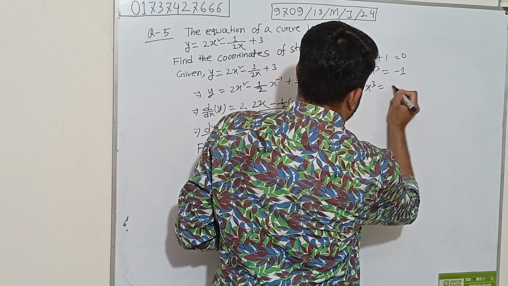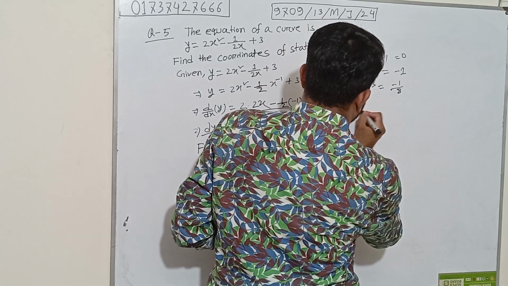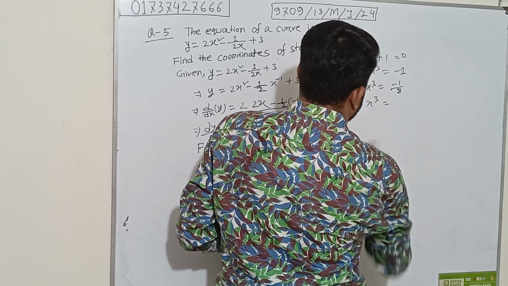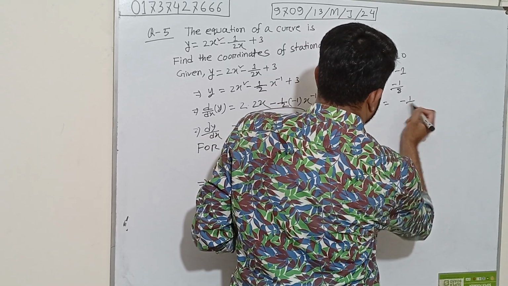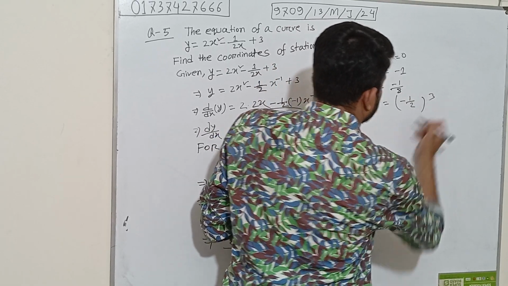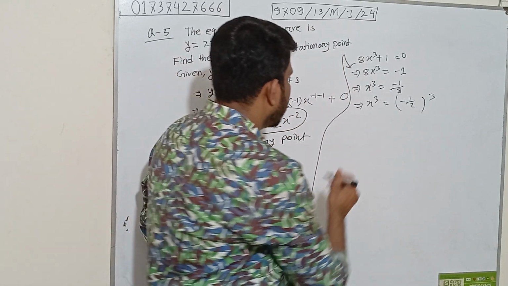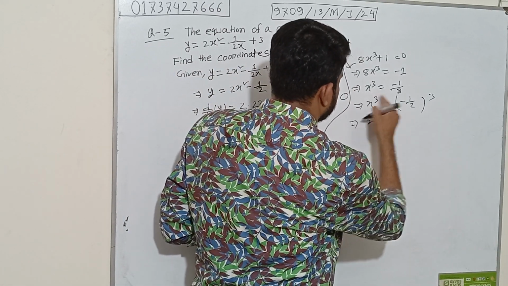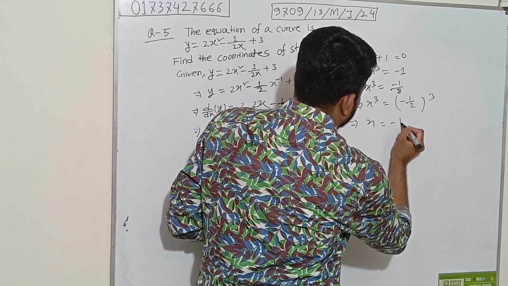So x³ = -1/8, which we can write as (-1/2) to the power 3. The 3 and 3 cancel, so x = -1/2.